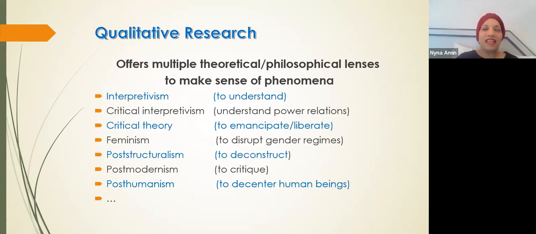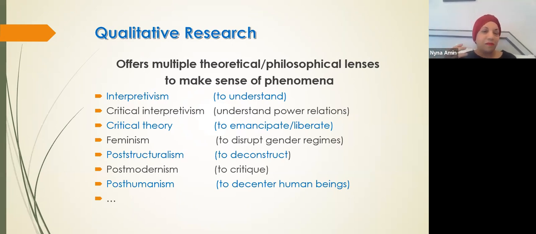So one of the things that makes qualitative research slightly more challenging, not that quantitative research is easier, but I think this one has some challenges, has to do with multiplicity. So it offers multiple theoretical and philosophical lenses to make sense.